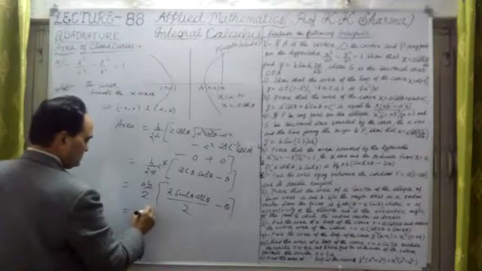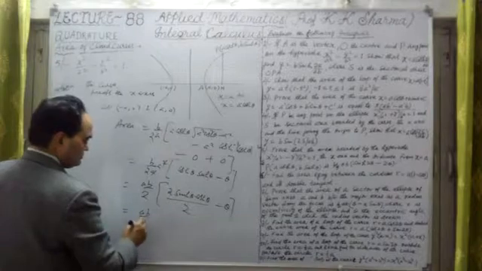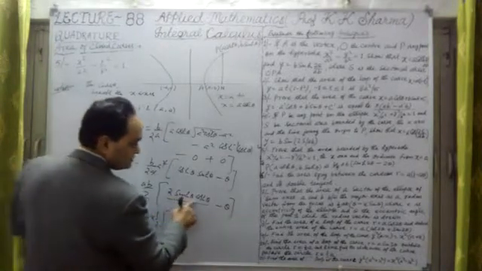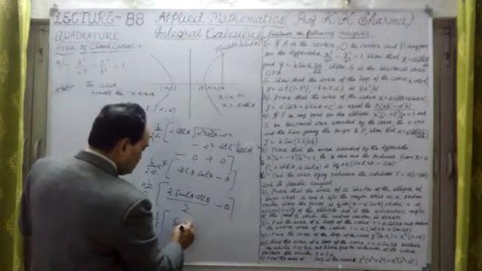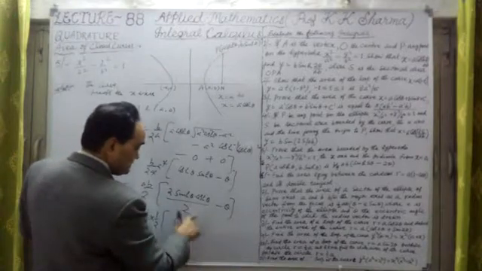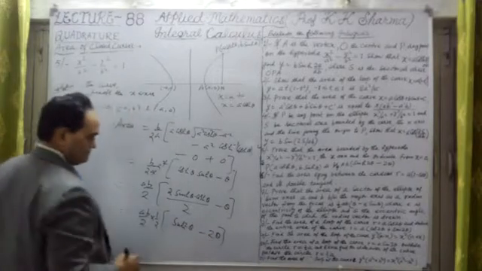If I take 2 outside, it is 1/4 here. Now 2 sinh theta cosh theta is sinh 2 theta, and the other is 2 theta, because 2 we have taken outside.